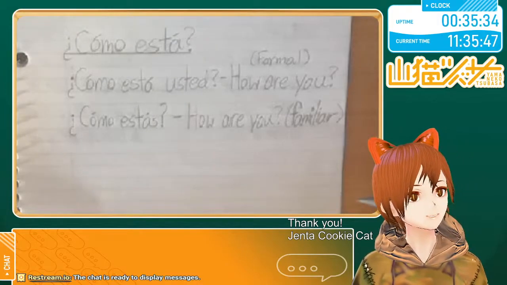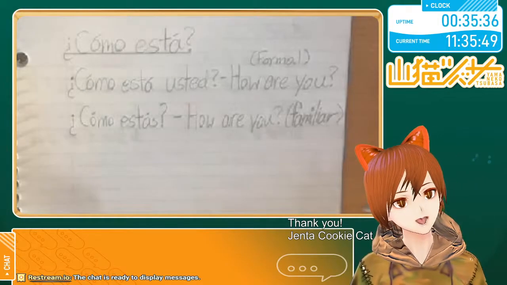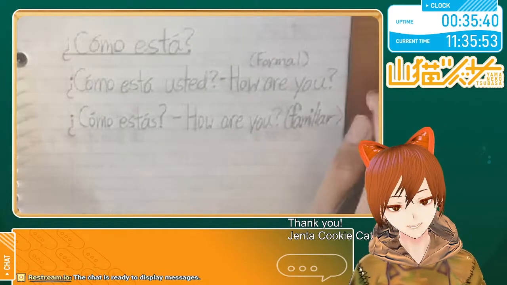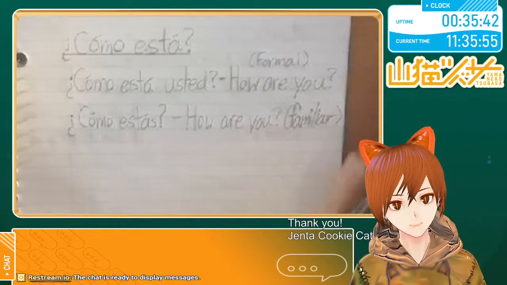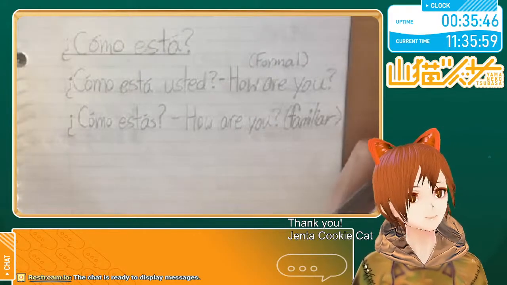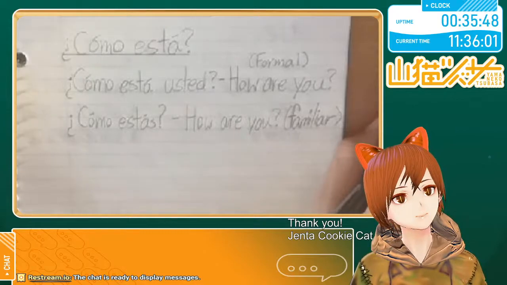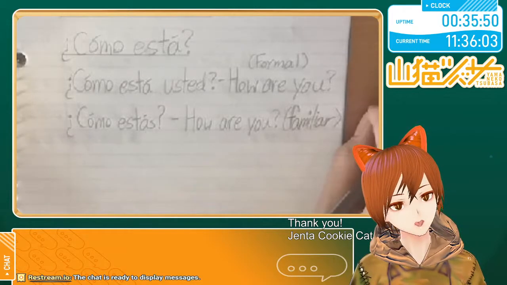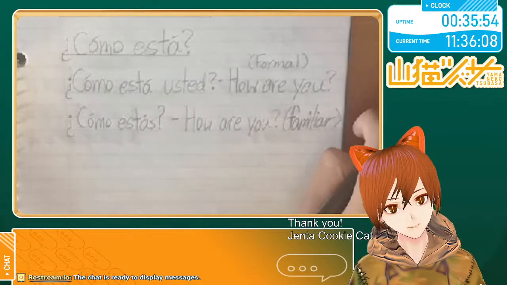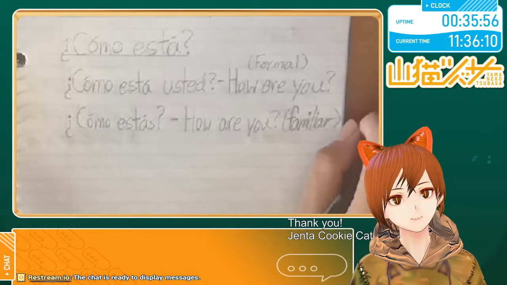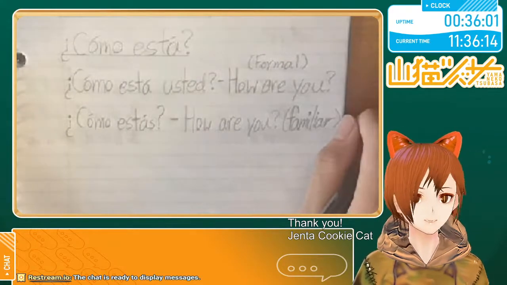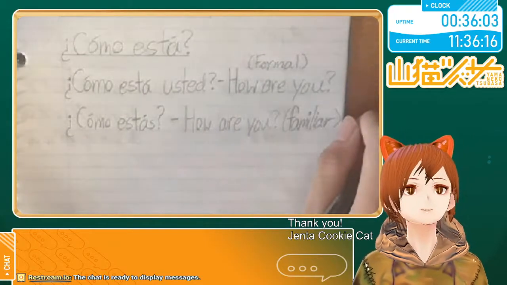Perhaps an acquaintance you're meeting for the first time, someone you can feel you can speak with casually. I feel that's kind of how you would use ¿Cómo estás?